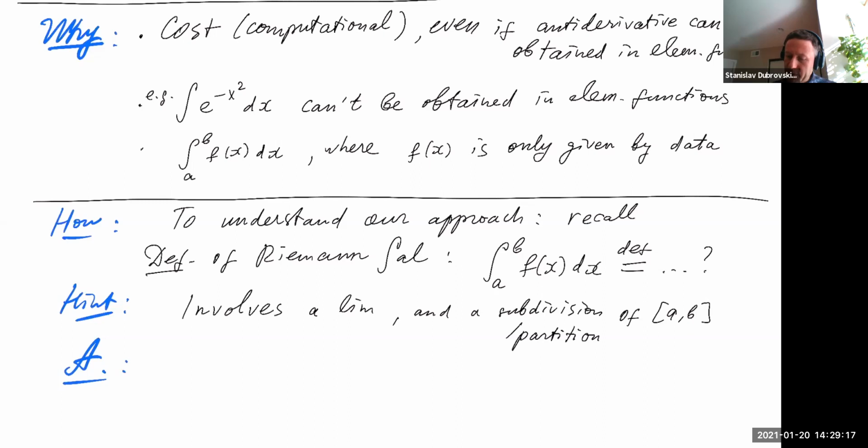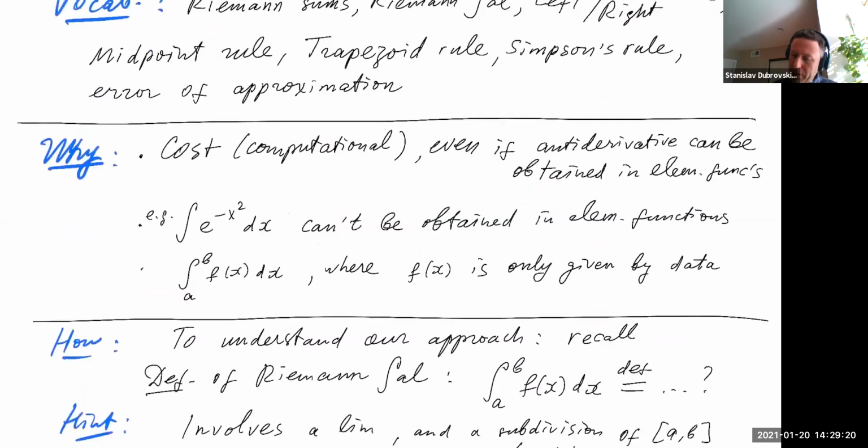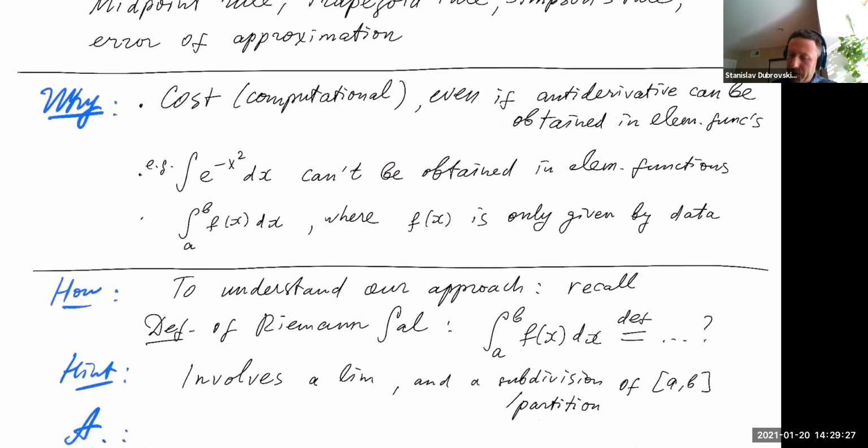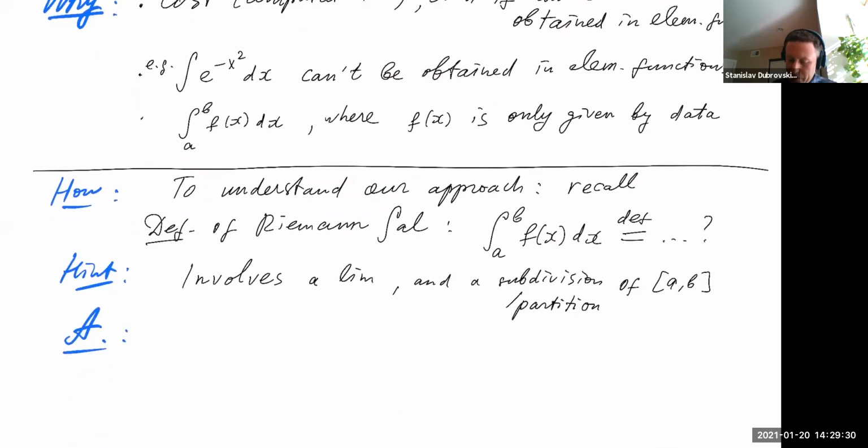Of course, it's defined as the limit of our first term. That was the Riemann sums. So Riemann integral, not surprisingly, will be defined as the limit of the Riemann sums. So let's define it then. We will say that the integral from a to b of f of x dx, and we assume that f is continuous here, will be given as the limit as n goes to infinity, where n is the number of subdivisions in our partition. So what are we talking about?